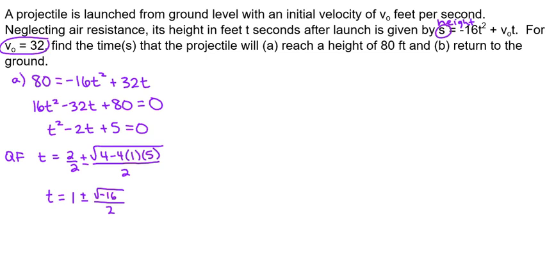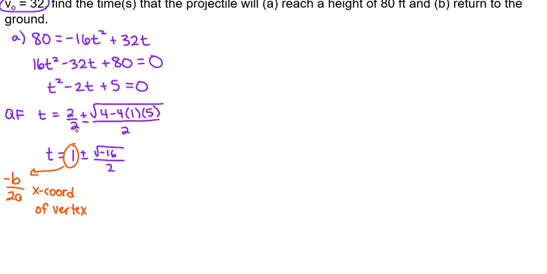Here's a way we can validate that. Did you know that in the quadratic formula, the part that's right here, which came from the opposite of b over 2a, is the x-coordinate of the vertex? So if we picture the parabola in the problem, we had a negative leading coefficient, so it's a parabola that opens down.